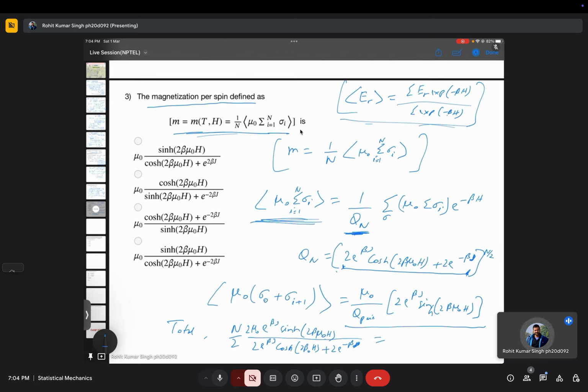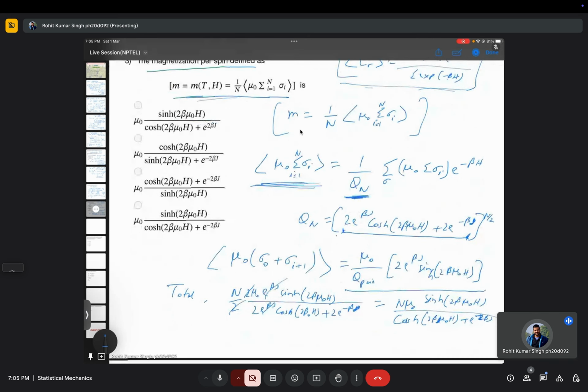You can simplify this a little bit, so 2 cancels out, and you are left with n mu naught sinh 2 beta mu naught H over cosh 2 beta mu naught H plus 2 beta J. Yeah, so this is the total magnetization.